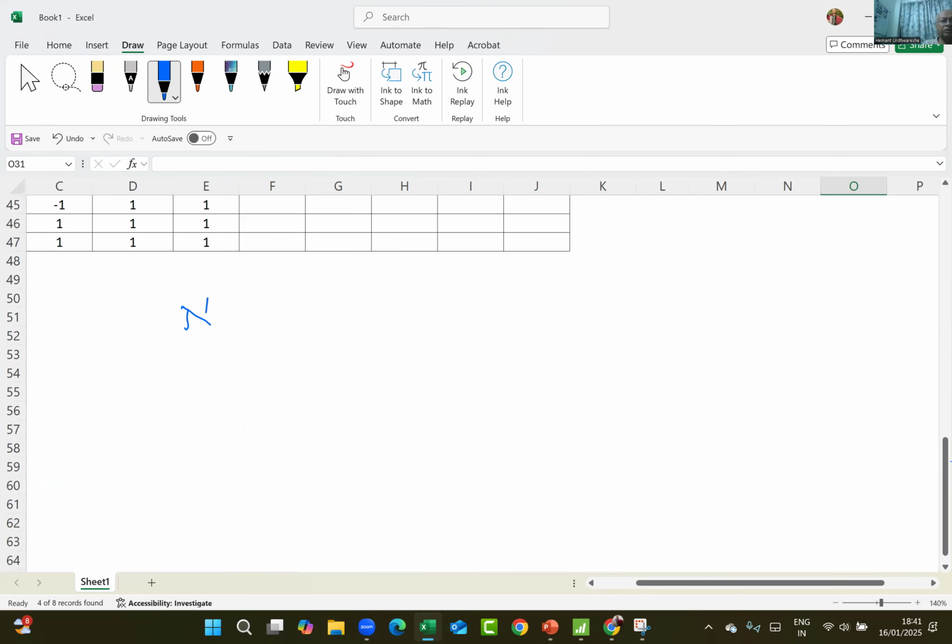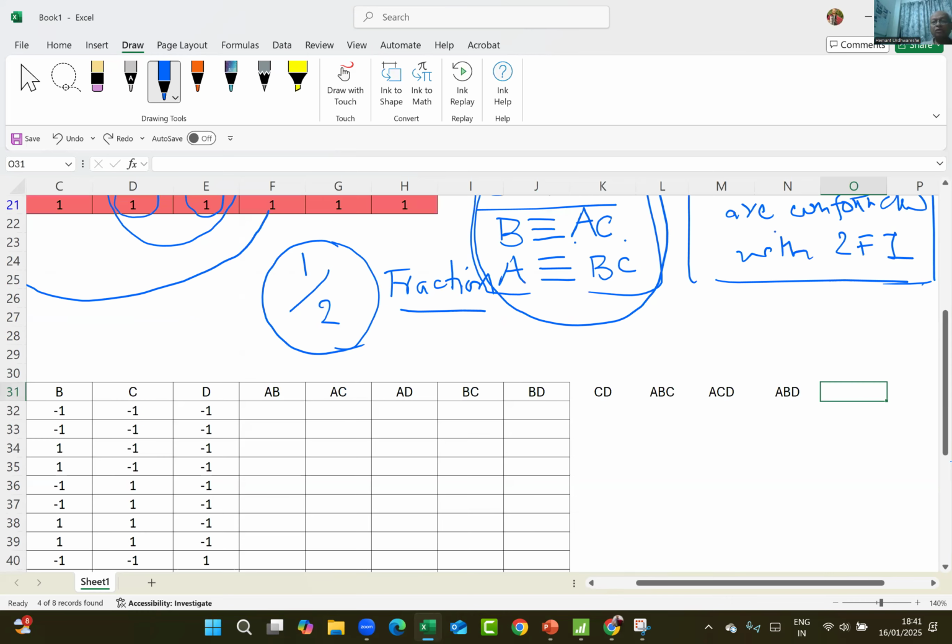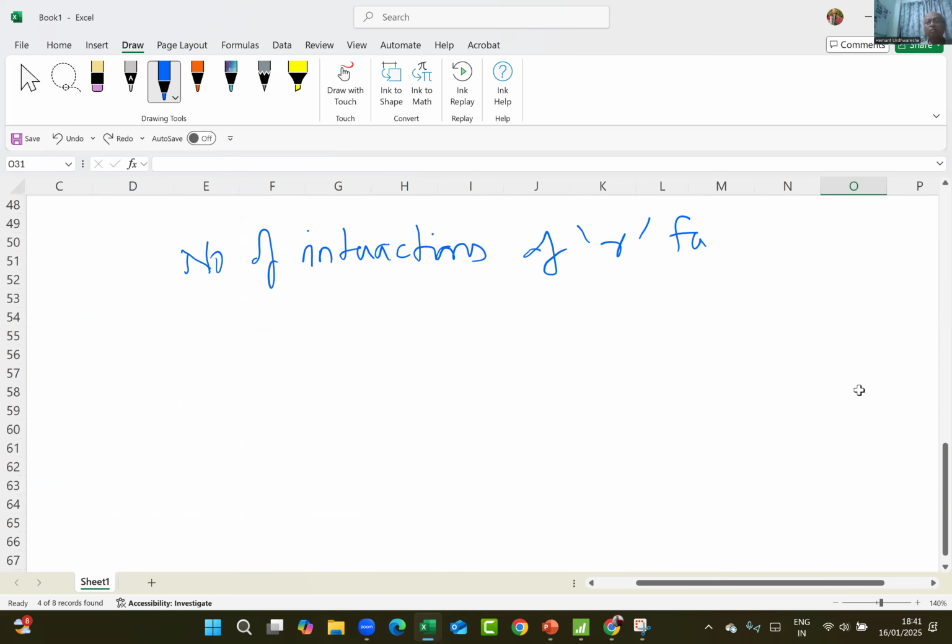The number of interactions of R factors taken at a time, or K factors, let us say, not R factors, K factors, out of the total number of factors.